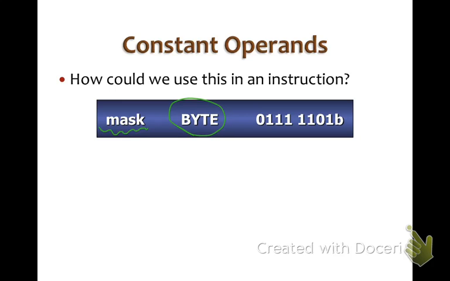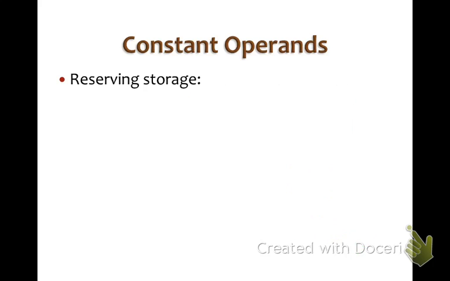In this case, I have indicated the initial value, but again, instead of saying this, I could say 7D, I could say 125, which would be decimal. I could also say 175 octal. So you get the idea that we can indicate constant operands in many different ways.